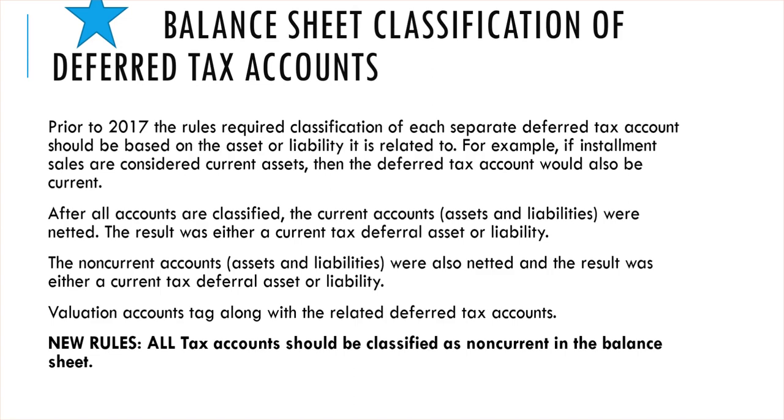Now, we should classify all DTAs and all DTLs, deferred tax assets or deferred tax liabilities, as non-current, and put the valuation account in there. And the other thing is, when you do your financial statements, you need to net your DTAs and your DTLs and figure out if your tax situation is a net DTA or a net DTL, and put it as one line item for that.